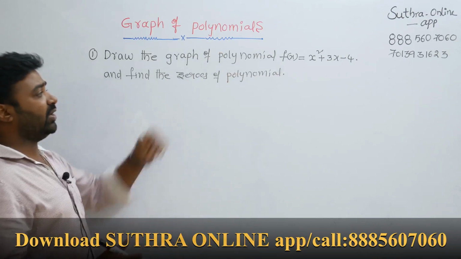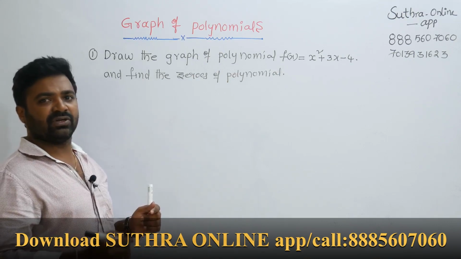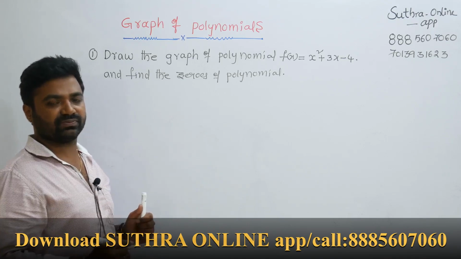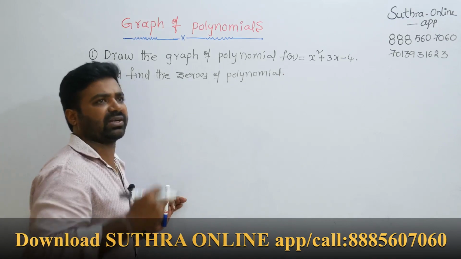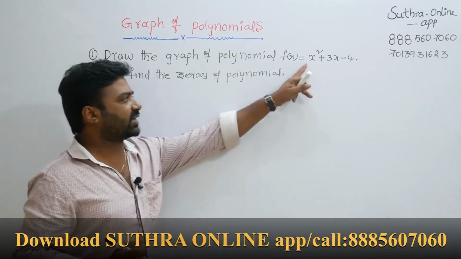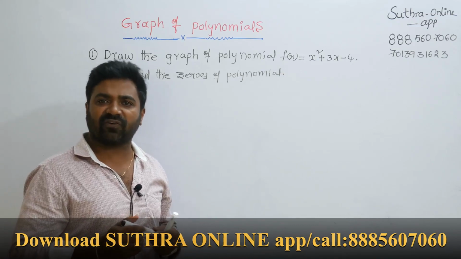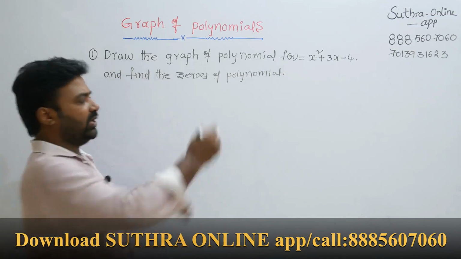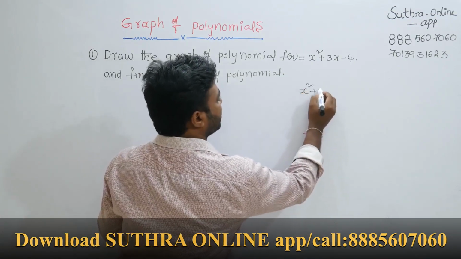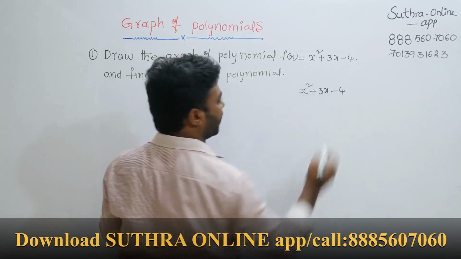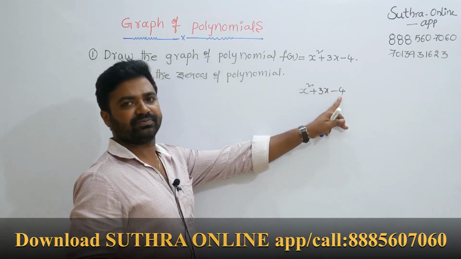Now here, before drawing the graph, we have to do rough work. That is, what are the zeros of the given polynomial? Here x square plus 3x minus 4 is there, no? So for that polynomial we need to do rough work for the zeros. Here 1 into minus 4, minus 4.